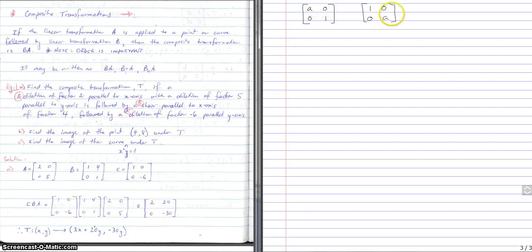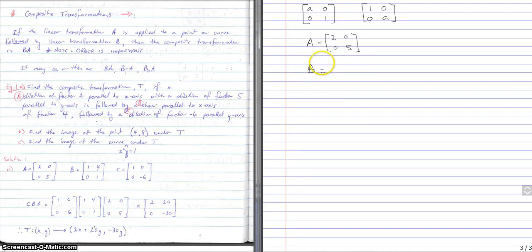So we can combine them together, and that's what we've done here for A. The transformation A, parallel to the x-axis is a factor 2, and parallel to the y-axis is a factor 5. So we can put them both together. This combination of these two matrices is what we can do when we've just got a dilation in both directions. We can put them in one, and that's what we've done there.